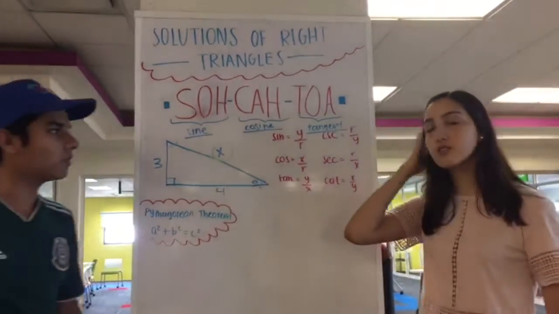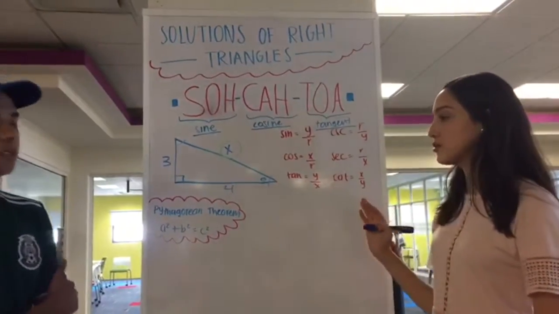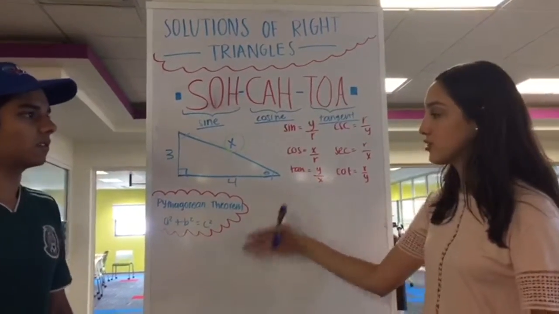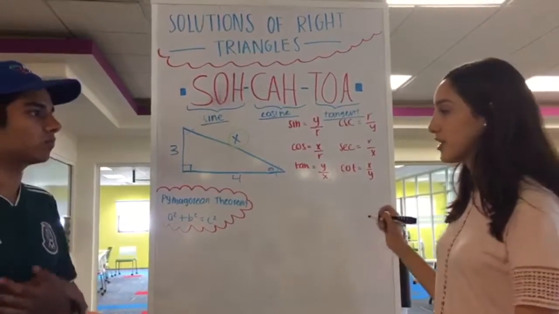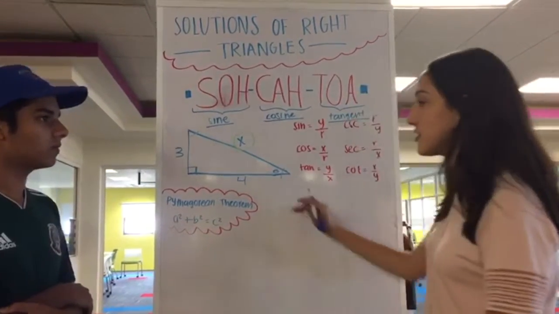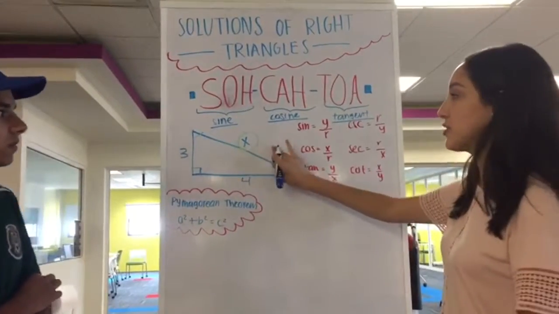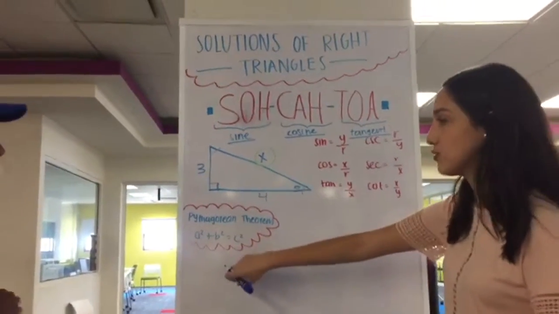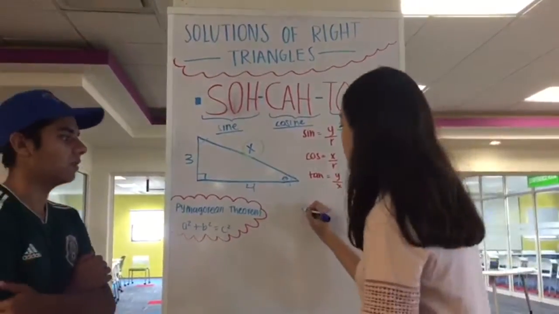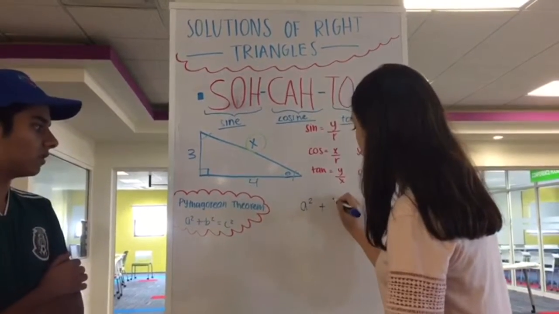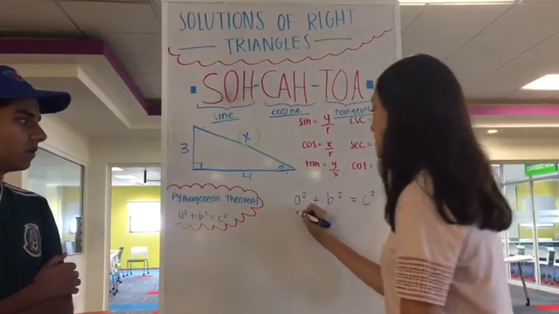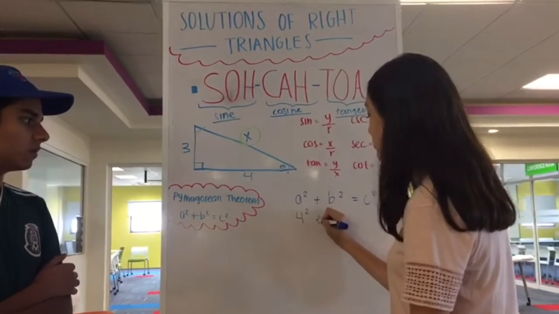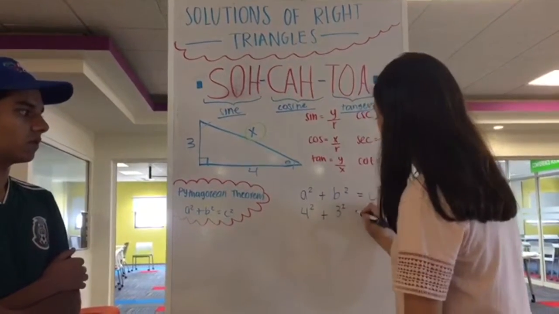To explain this, to know these letters, you have to use the Pythagorean theorem to get the missing side, and we're going to explain it with an example. So in this example, you don't have the hypotenuse, so you have to calculate it with this formula: a squared plus b squared is equal to c squared, and you have to raise the numbers to the second power.